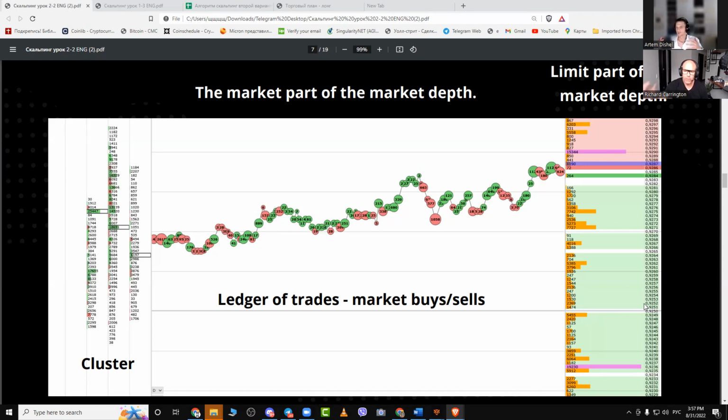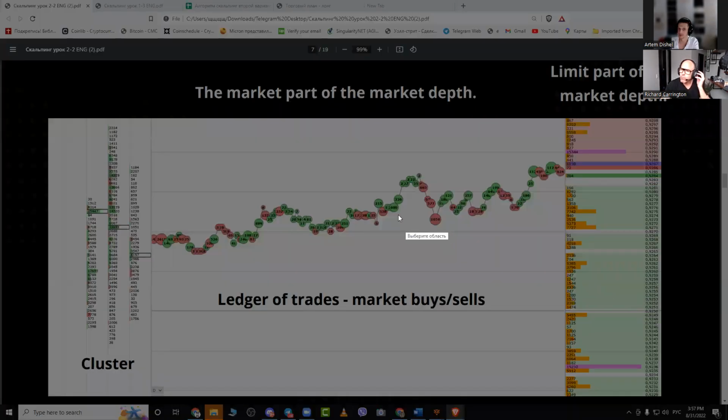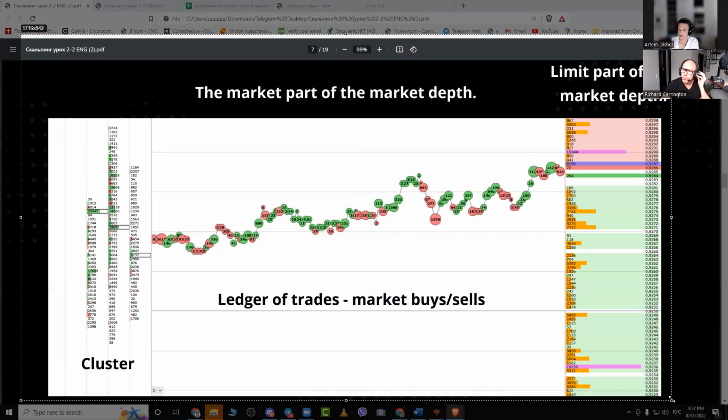And limit participants, the limit part of the market depth, create this imbalance. Doesn't create a move, but creates disbalance. Disbalance buyer, disbalance seller.